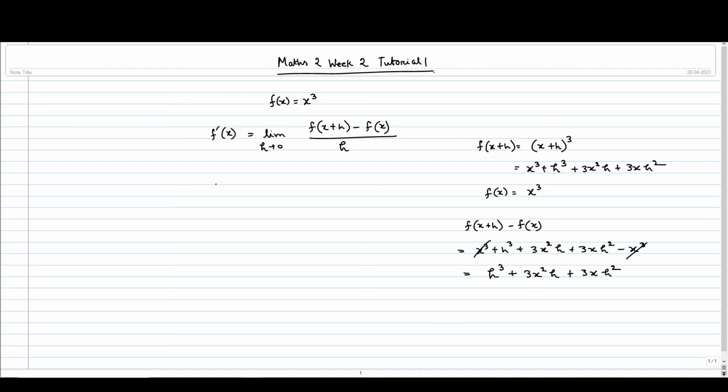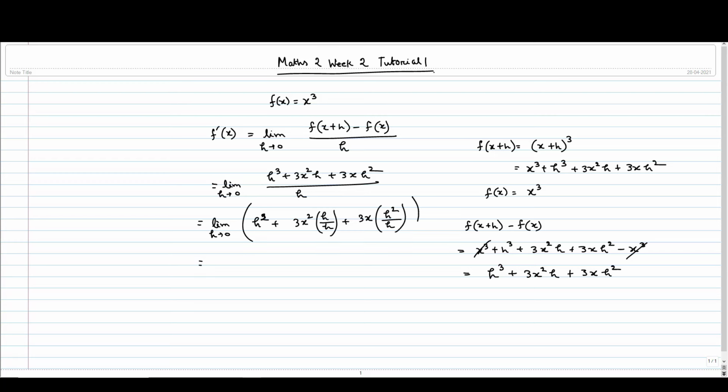So let us put this value in this fraction. It will give us (h cube plus 3x square h plus 3x h square) by h. So we can take it as h square plus 3x square h by h plus 3x h square by h.